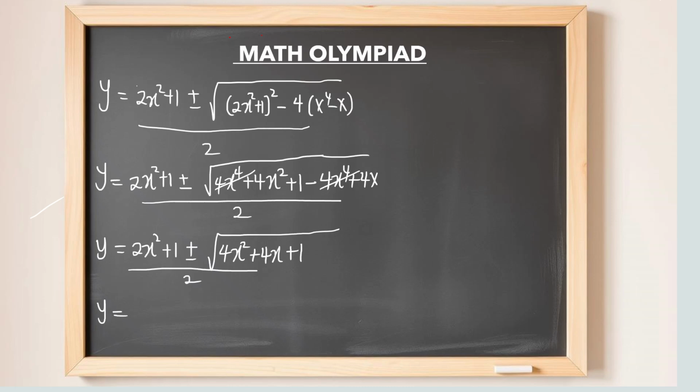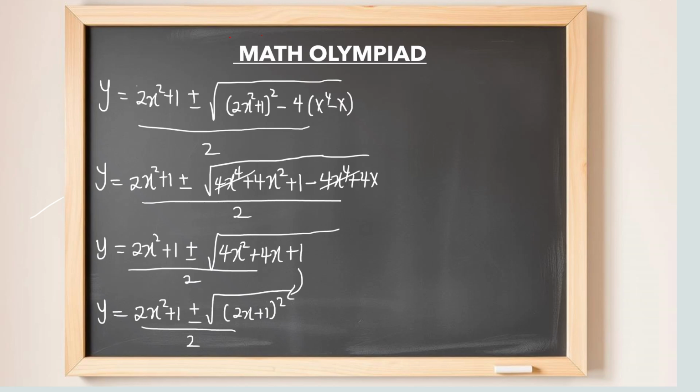So here y equals 2x squared plus 1 plus or minus the square root. This value here is the same thing as 2x plus 1 all squared. Yes, if you distribute this, you're going to have this. So they are the same, all over 2.